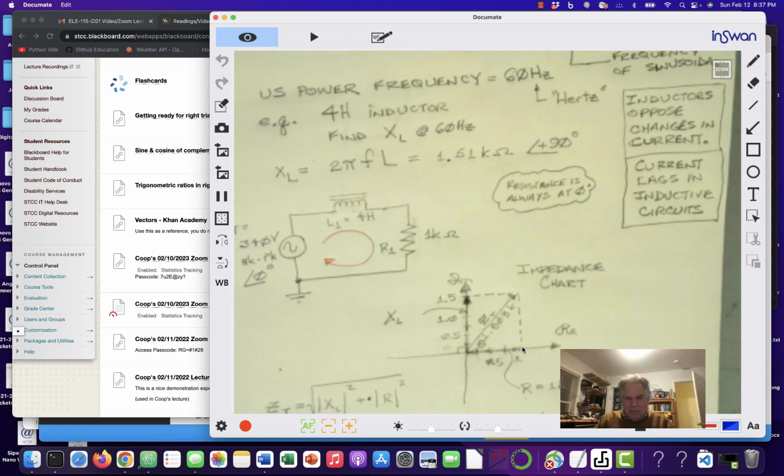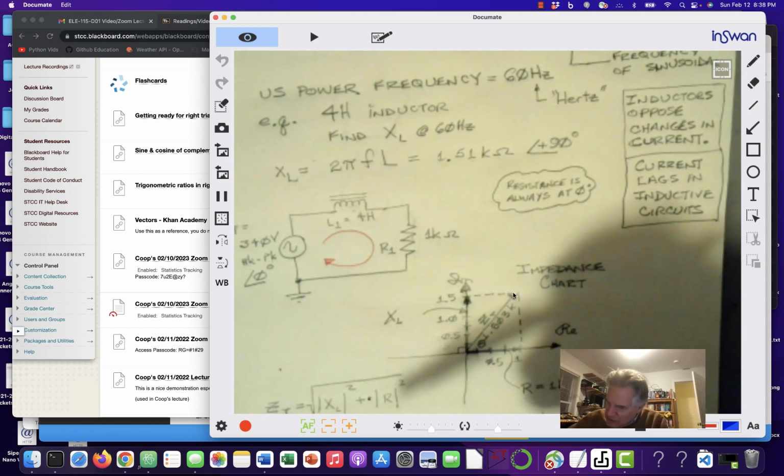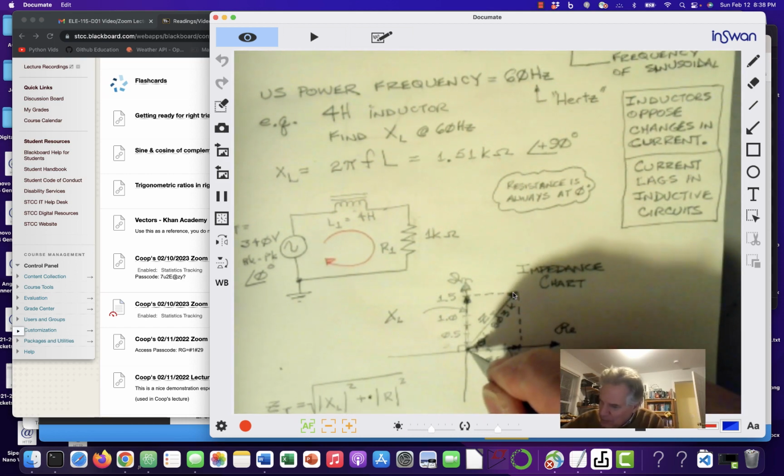And this inductor is like 6 ticks because it's like 1.5 k ohms. How do I add these two vectors? This one's at 0, this one's at 90. Well, the way to add vectors is you use the parallelogram rule. We're very fortunate here because these two are at right angles to each other. So if we want this distance right here, this is called Z total, and I'll tell you why.